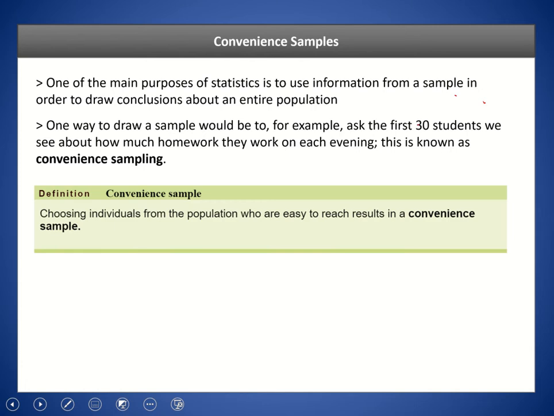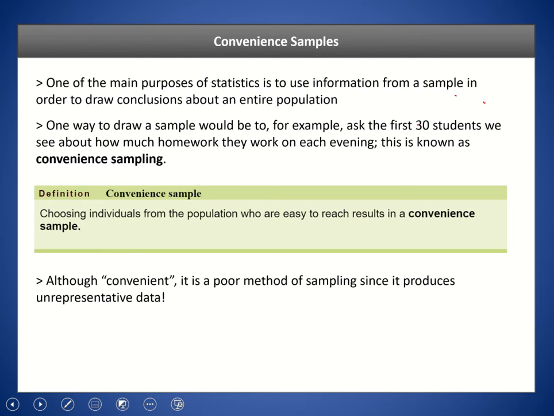Now, notice that convenience sampling involves choosing individuals who are easy to reach, convenient for you, right? So, although this is convenient, it doesn't necessarily mean that it's a good method of sampling. Because remember, the idea is that you want a sample that is representative of your population.